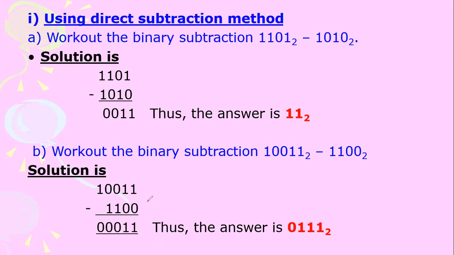We repeat, we have 1, 0, 0, 1, 1 minus 1, 1, 0, 0. This one, 1 minus 0, we get 1. This one, then 1 minus 0, we get 1.